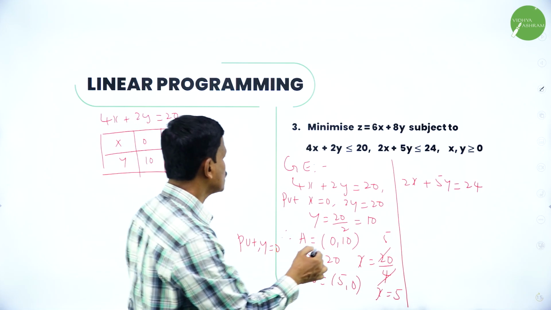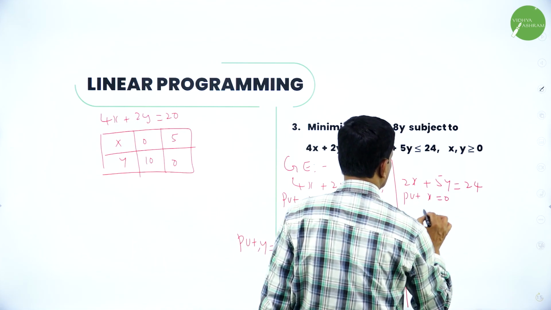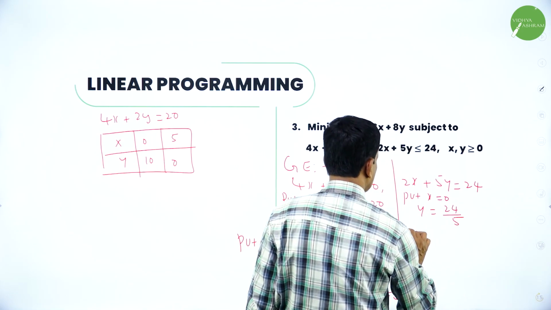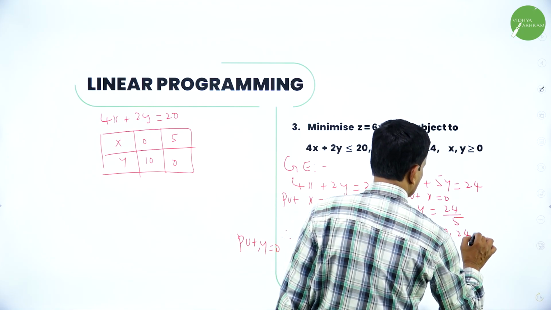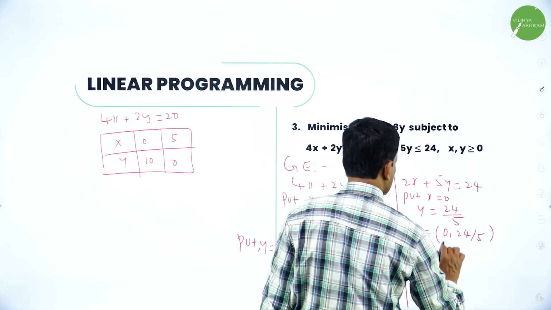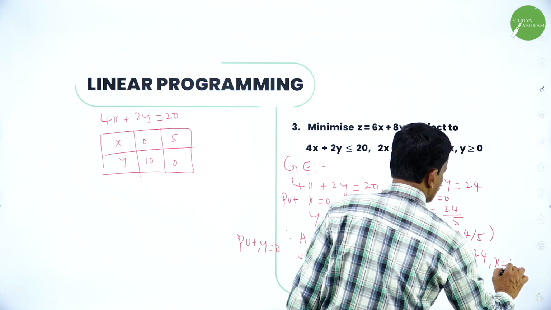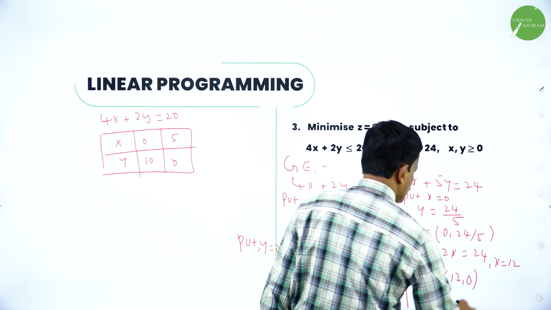Now, similarly for the second curve, put x equal to 0. Then you will get y equal to 24 by 5. You can't divide it evenly. Therefore, C is equal to (0, 24/5). Similarly, put y equal to 0: 2x is equal to 24, x is equal to 12. The point D is (12, 0).